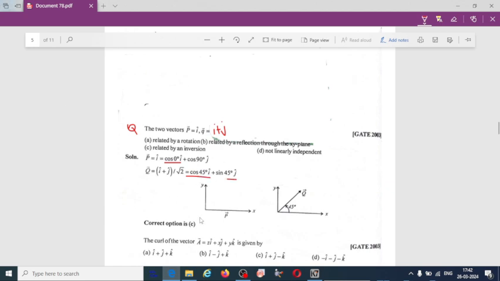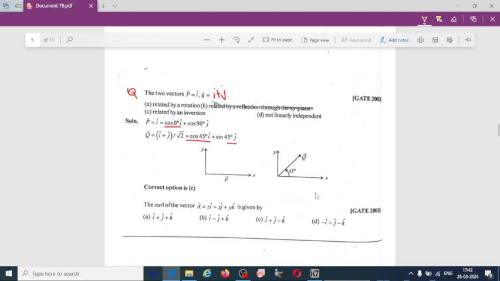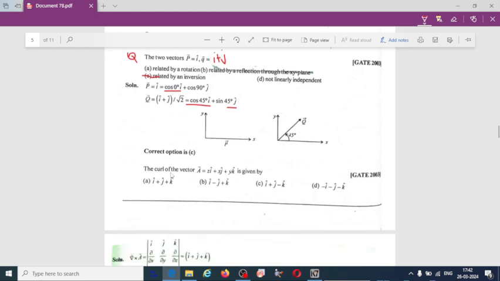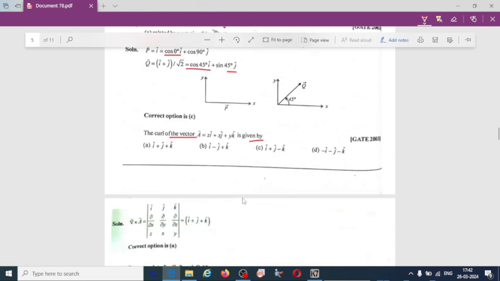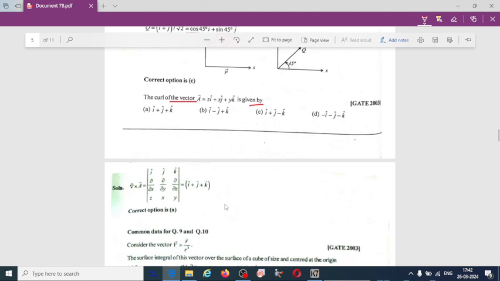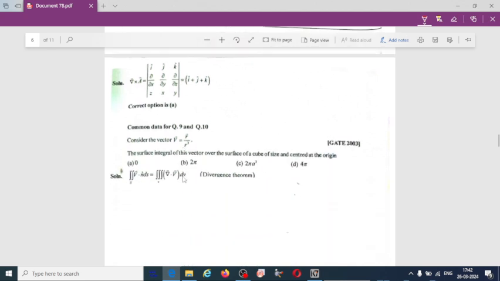So I and J are perpendicular to each other, then option C is correct, related by inversion. Curl of A is given by option A. If you take the determinant of A, that is the curl, option A is correct.